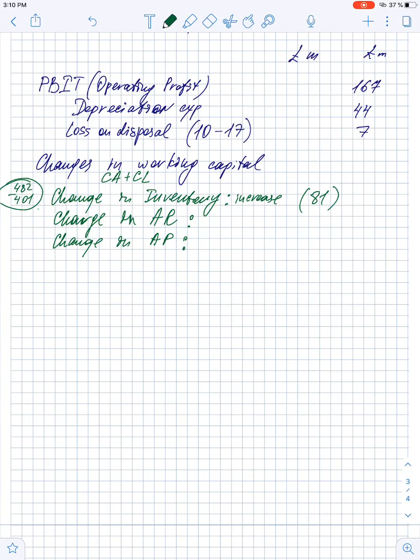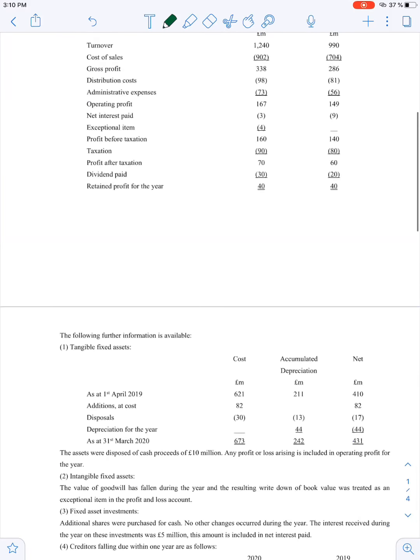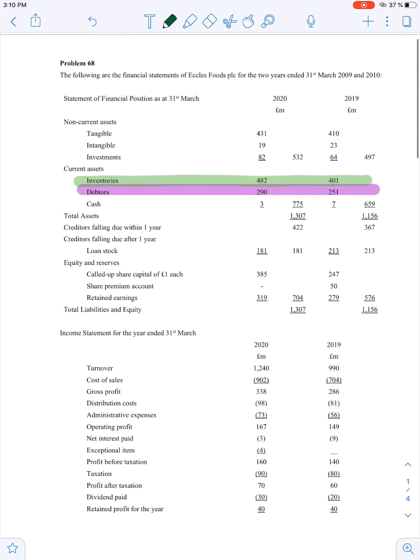Change in accounts receivable. Let's look at the current assets section one more time. Debtors are highlighted with violet. We can see that debtors increased also by 39. That means that debt from customers to us increased, and that would negatively affect our cash.